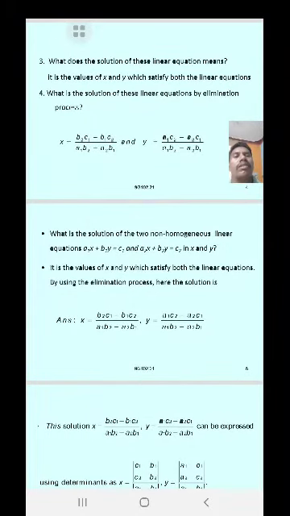What does the solution of these linear equations mean? It is the values of x and y which satisfy both the linear equations.